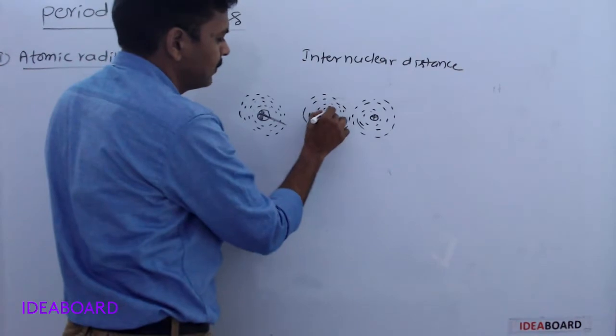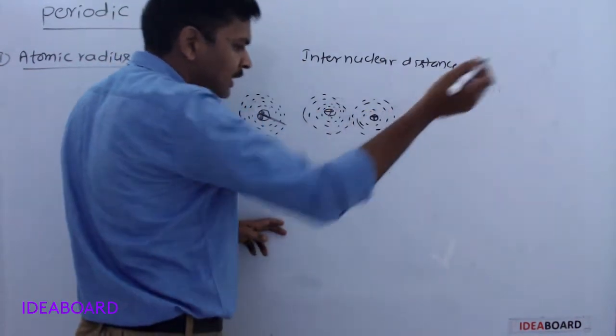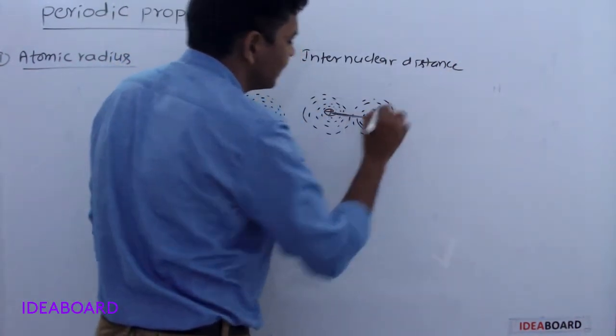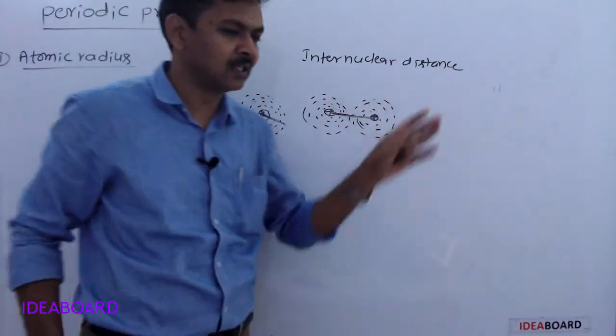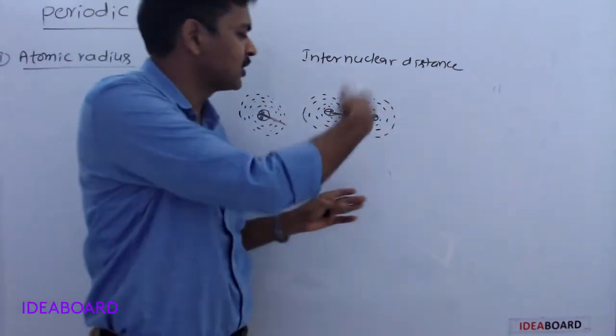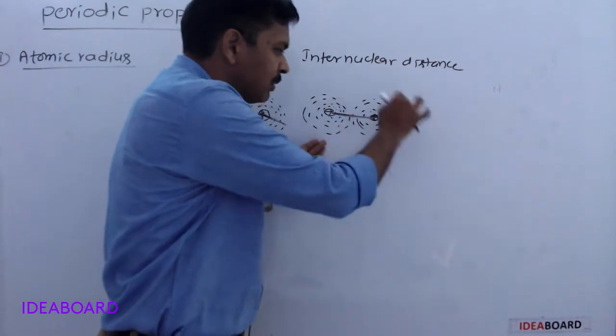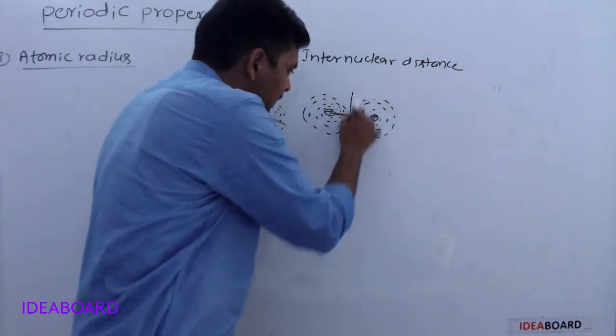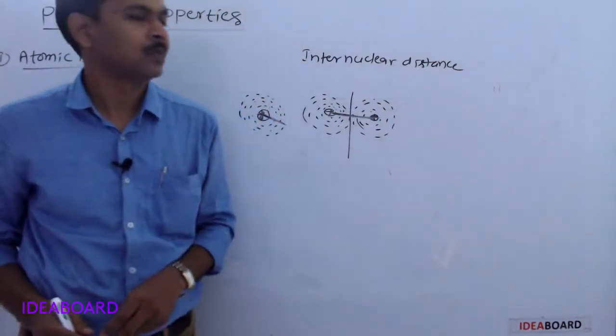This is the nucleus of first atom. This is the nucleus of second atom. This distance can be measured by using X-ray diffraction methods. Then half of this distance is nothing but atomic radius.